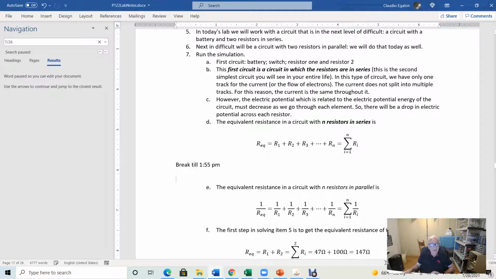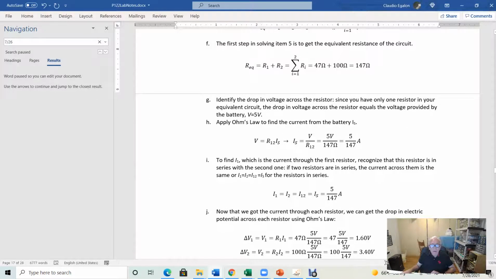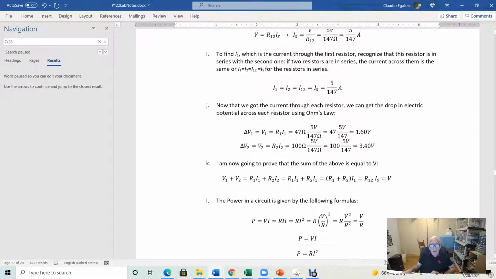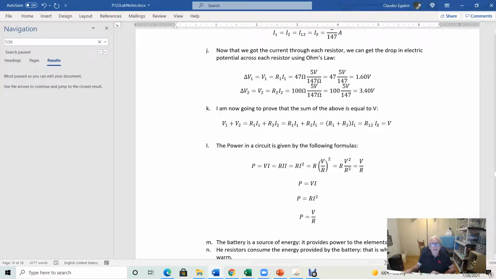Okay. Power. I have all the calculations here for you, right? Okay, here you go. The power is given by this equation. We can derive that. Now, using Ohm's law, V equals Ri.